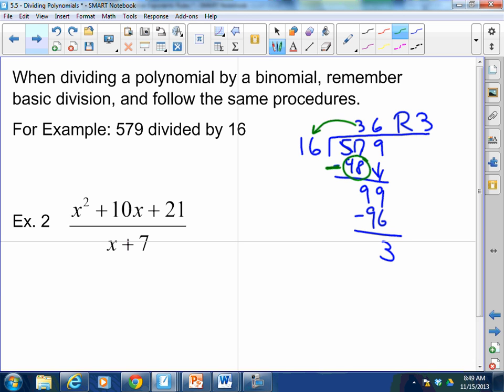We have 99 left over. I dropped down what's next. 16 went into 99 6 times. I multiplied 6 times 16 and I subtracted the product, correct? I had nothing left to bring down, so I had a remainder of 3. Simple, right? Okay.